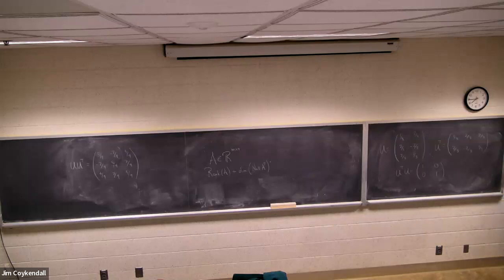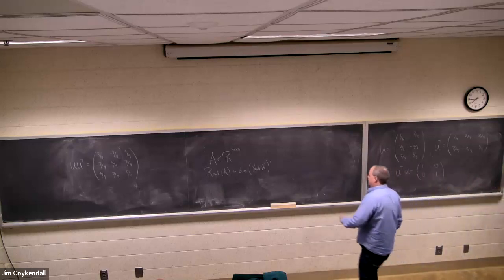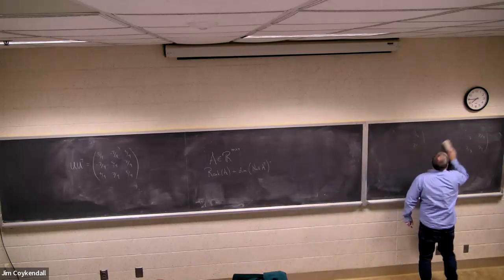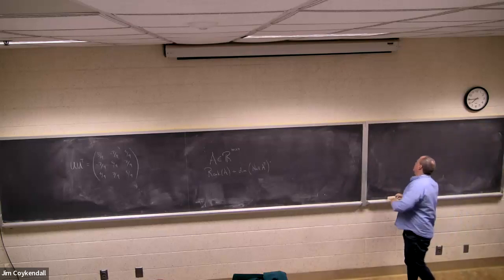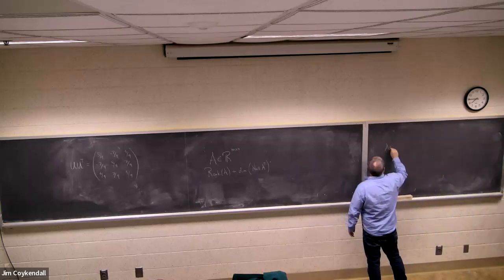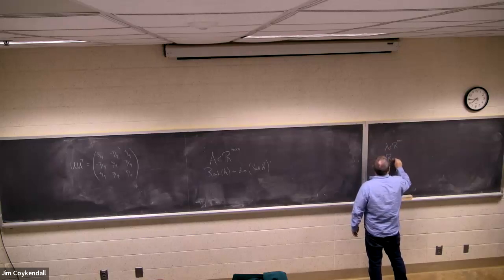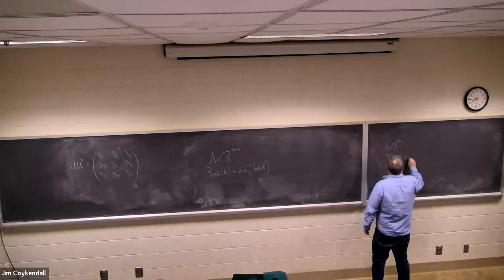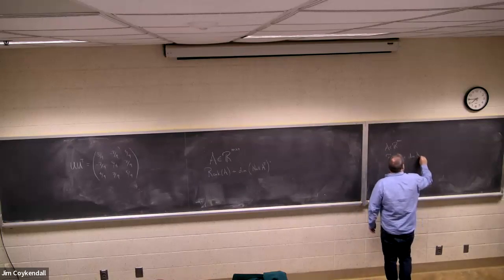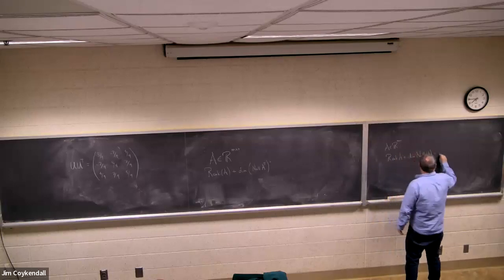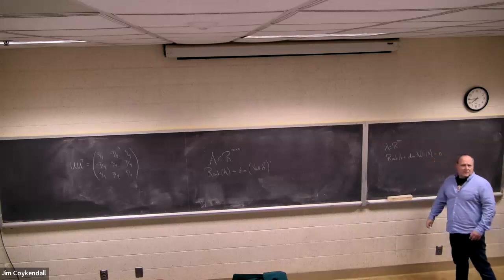Use the terms you know. What's rank nullity, let's say? The rank of A plus the dimension of the null space of A is just the number of columns. Right. So this is rank nullity.